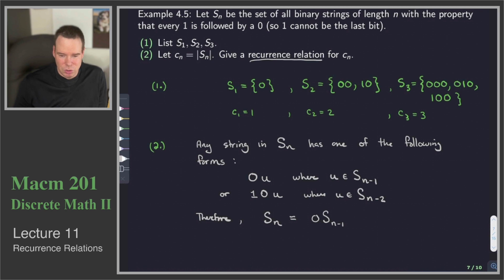So I'm using this notation 0 in front of the set, meaning that just take 0 and append it to the front of any element of the set S sub n minus 1. Union 10 appended to the front of any element of S sub n minus 2. And this is a disjoint union.